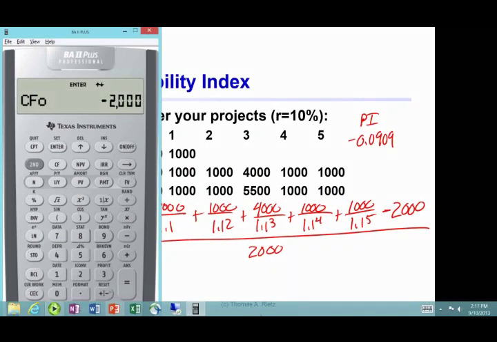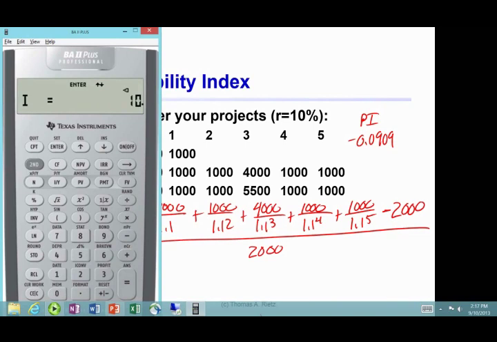$2,000 negative cash flow or cost today, $1,000 in a year, $1,000 in 2 years, $4,000 in 3 years, $1,000, and $1,000. First step is to get the net present value by pressing the net present value button.